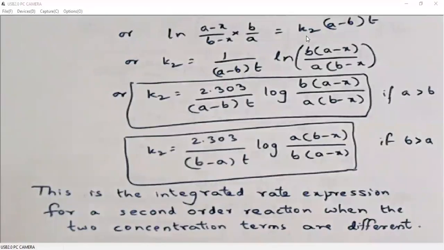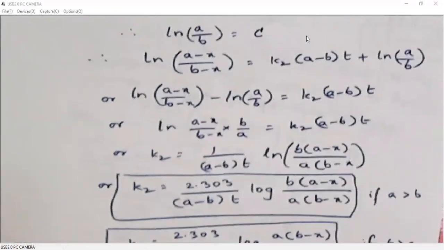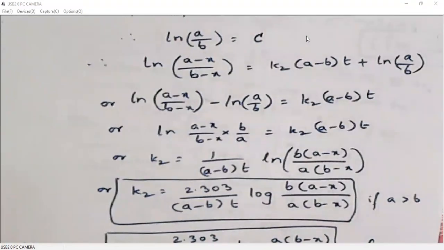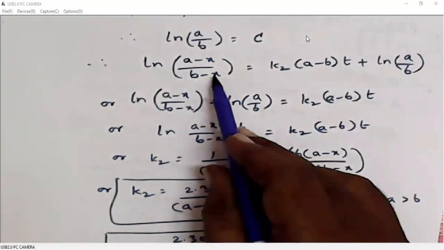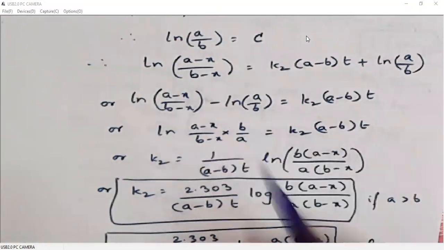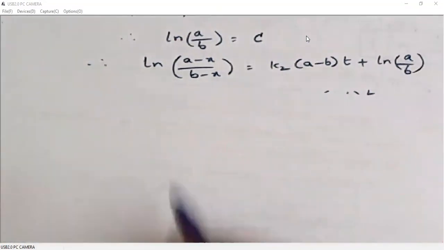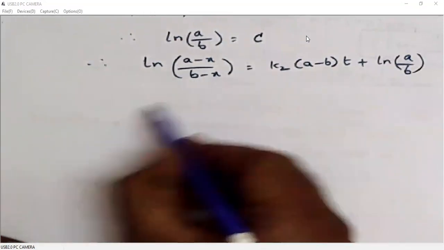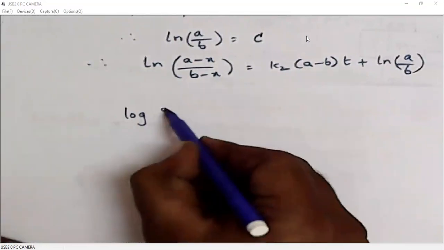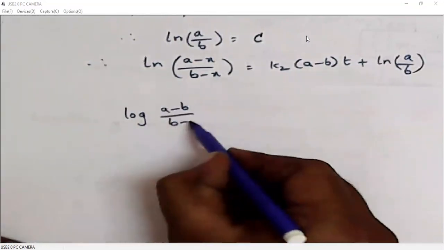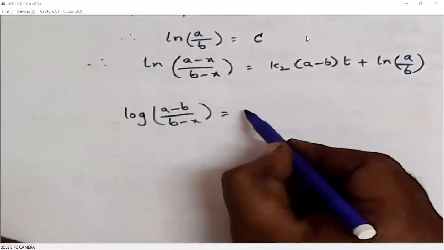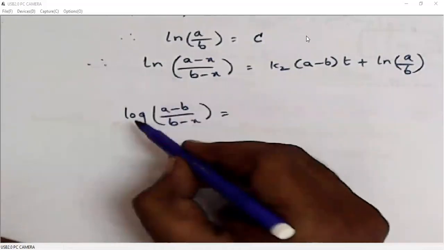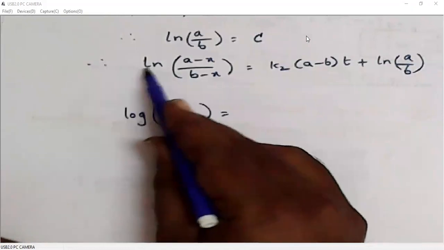Now we will express this second order rate equation in terms of a graph. In a graphical representation, we will take this expression and represent it in terms of a graph. For this we will just rearrange it. Just take the logarithmic value. So logarithm of (a minus x) by (b minus x) is equal to, when we convert ln into log, we must multiply with 2.303.